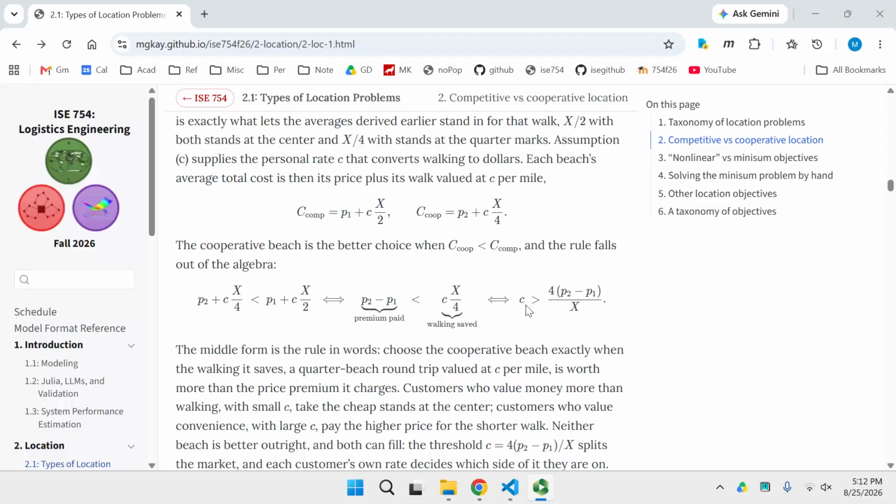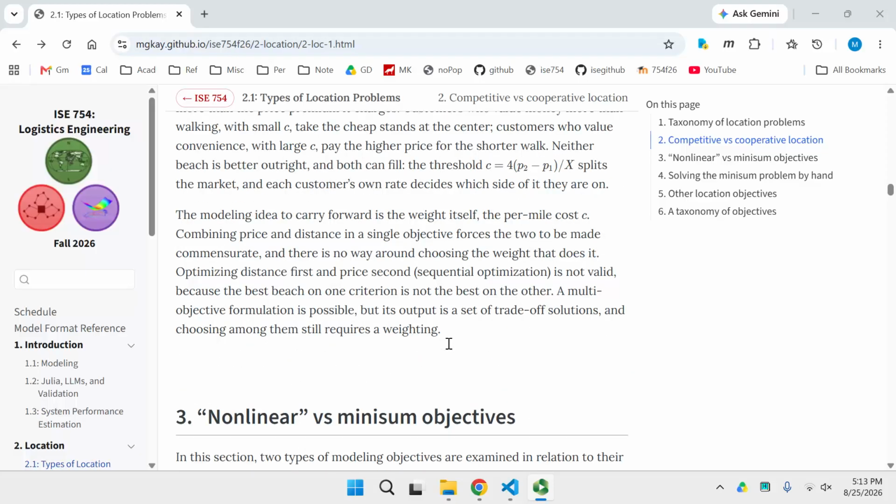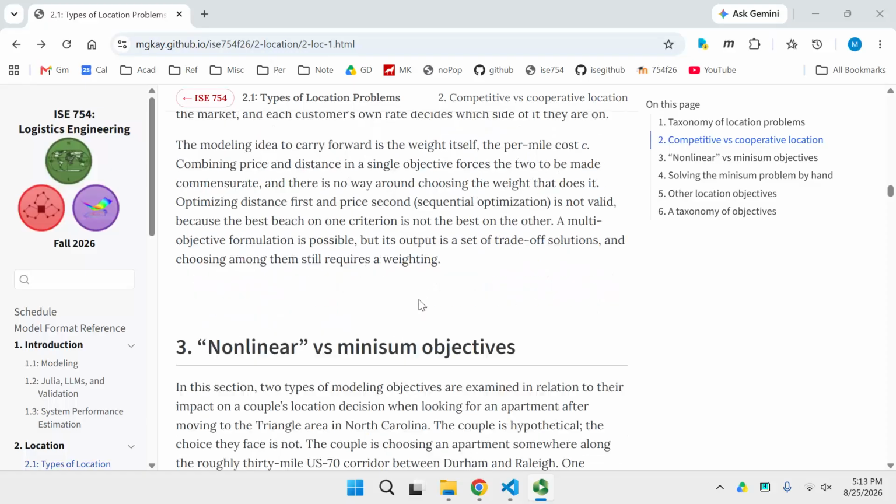Customers that value their walking cost highly will tend to choose the cooperative beach if their cost exceeds this threshold. So with that, we can predict which of the two beaches a customer would actually choose. That's basically a way of modeling cooperative versus competitive.